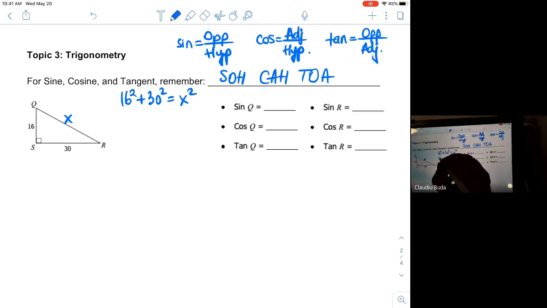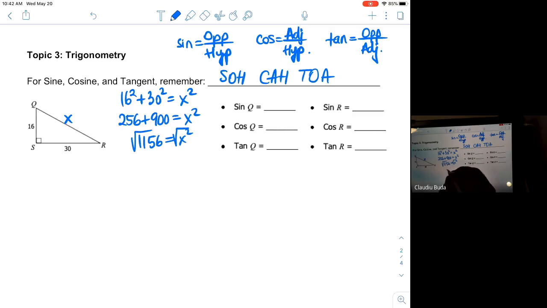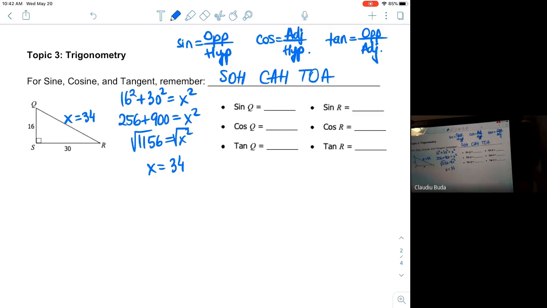That is 256 plus 900 equals x squared, and that is 1156 equals x squared. We take the square root, and x is equal to 34. So x is 34.